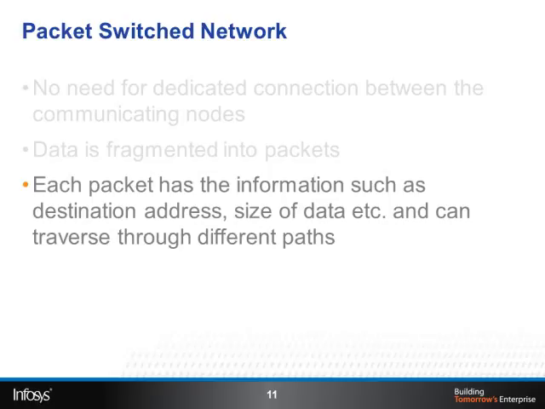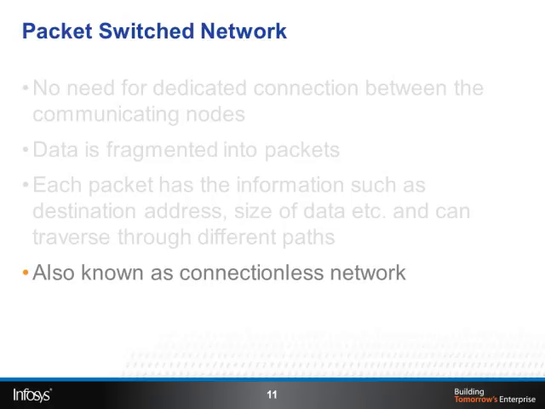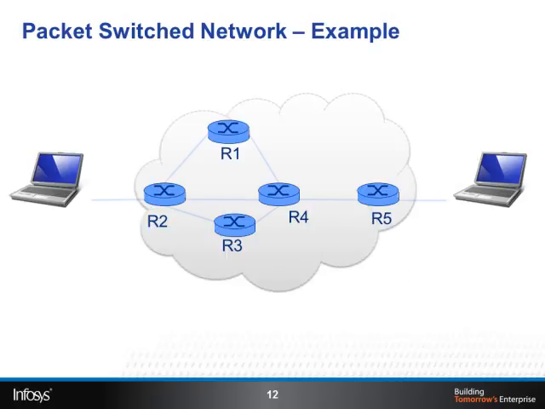At the destination, packets are reassembled in the proper sequence to get back the original data. As the packets are fragmented and sent through different paths, it is also called a connectionless network. This ensures more reliable communication. The diagram depicts how the packets are sent through different available paths and then reassembled at the destination.